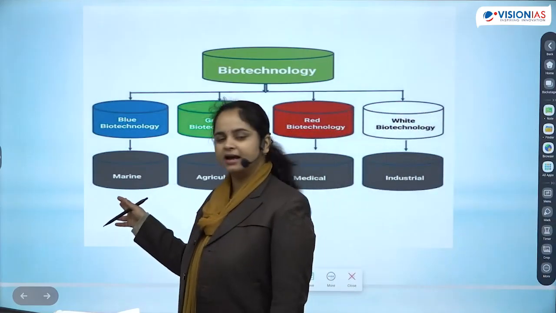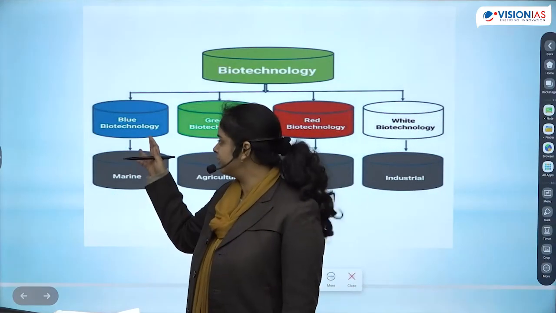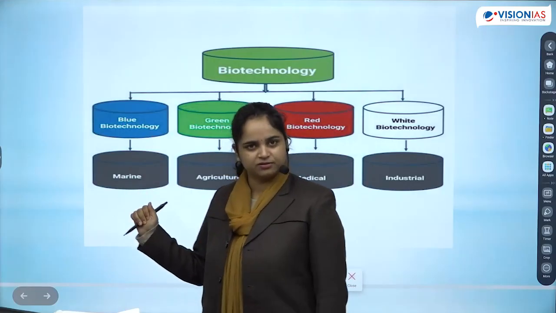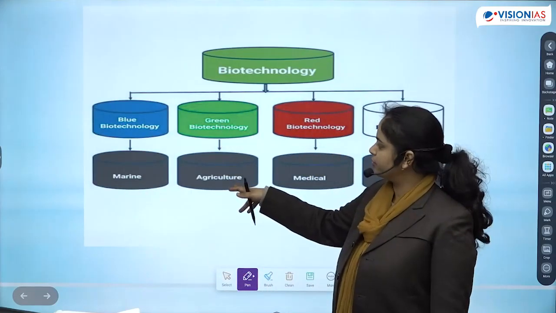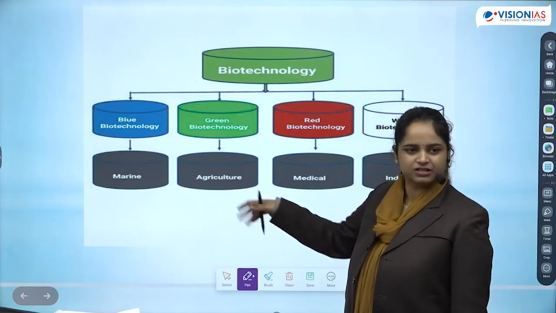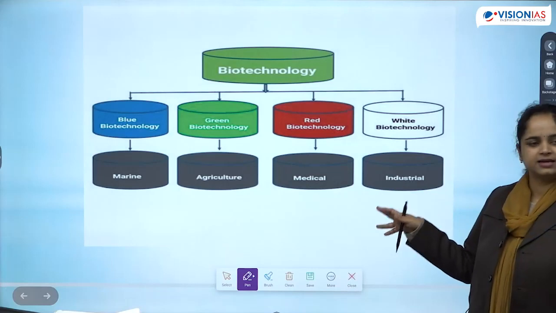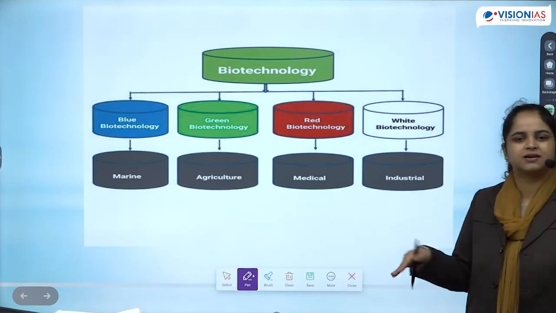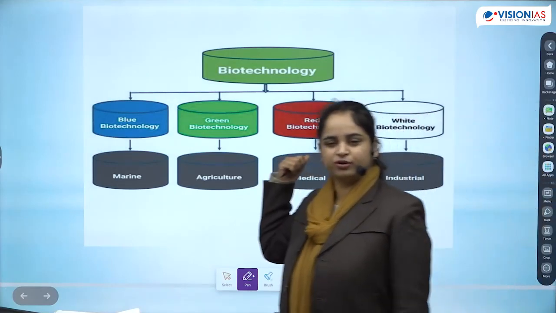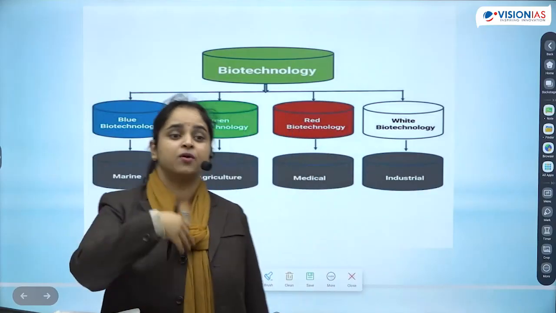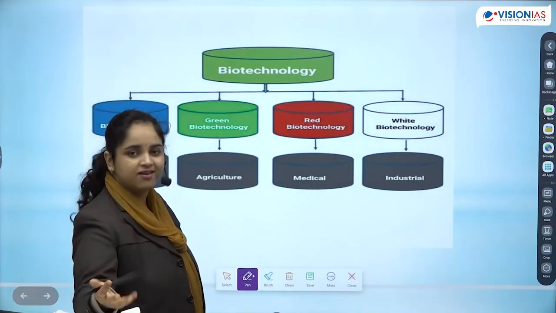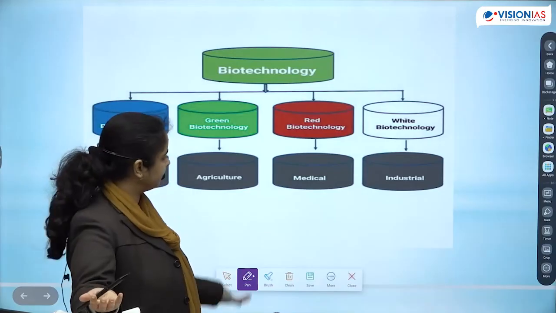If it is being applied to aquatic life, that is going to be blue biotechnology. If it is going to be applied to agriculture, we are calling it green biotechnology. Red is medical. So जितनी भी हमने चीजें की हैं, like I told you अभी biopharma, making vaccines is also biopharma only. ठीक है.